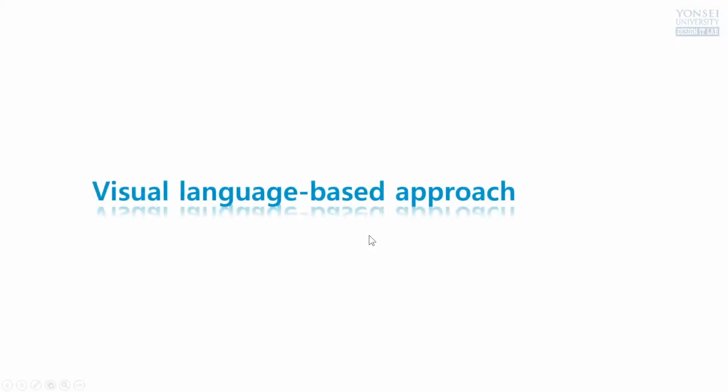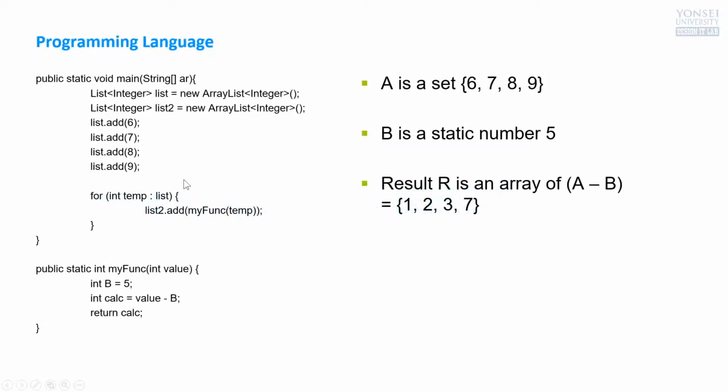Next is the visual language based approach. As I showed you before, this one explains this one. This is the current representation of a computer programming language in text, right? A is a set, B is a static number, result R is an array of A minus B, which means this set minus 5, something like that, okay?